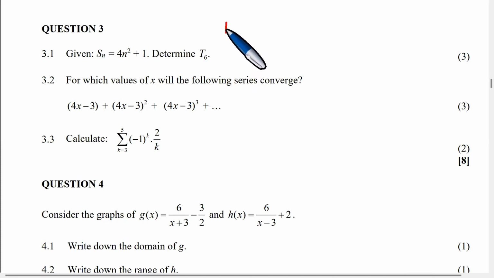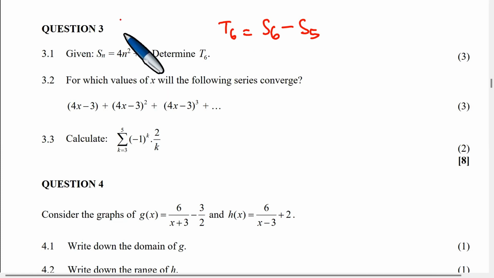Generally, to get T6, you must take the sum of the first 6 terms and then subtract the sum of 5 terms. To get term number 6, you add all 6, and then you subtract the 5 terms.